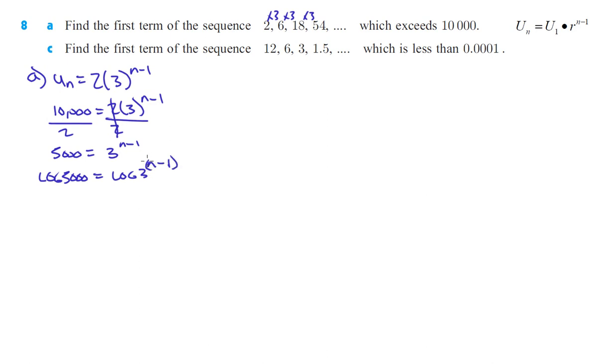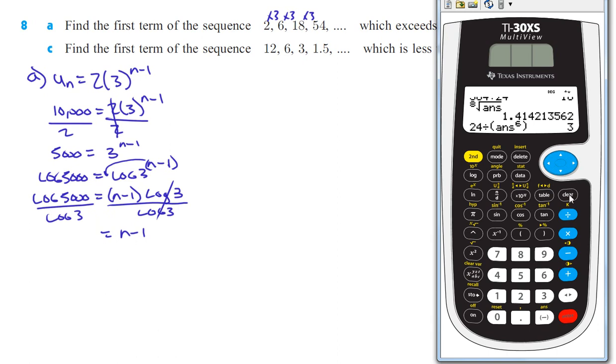Now this n minus 1 can come out front, so we've got log 5,000 equals n minus 1 times log 3. We want to get n minus 1 by itself, so we divide both sides by log 3, and we end up with n minus 1 equals log 5,000 divided by log 3.